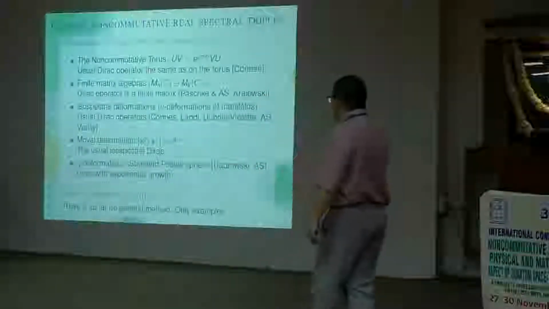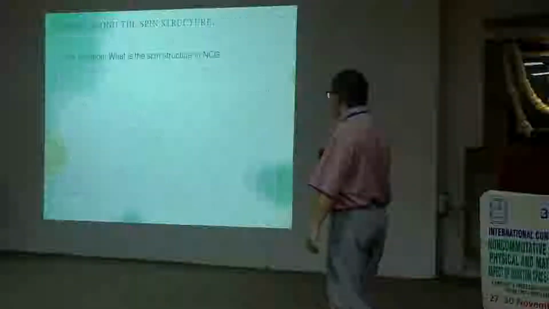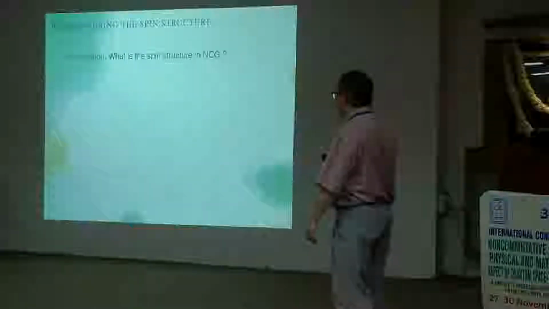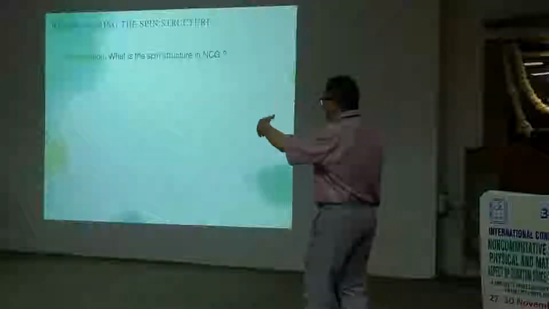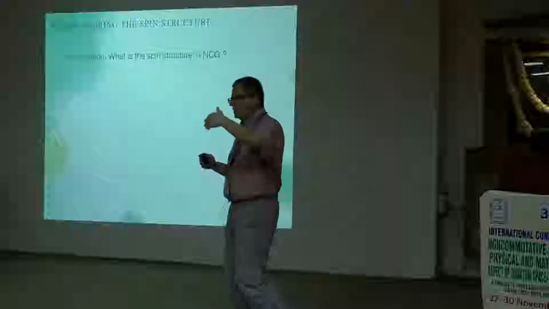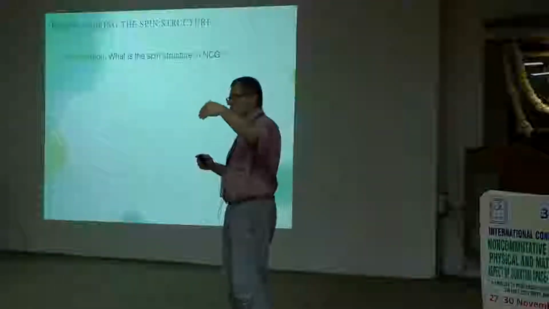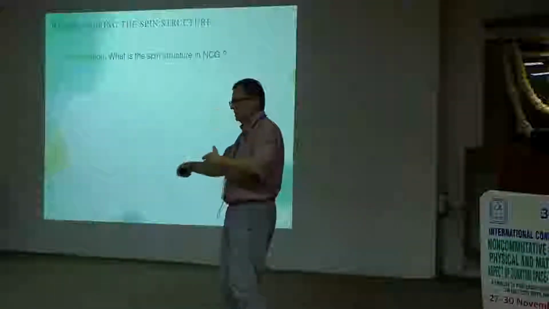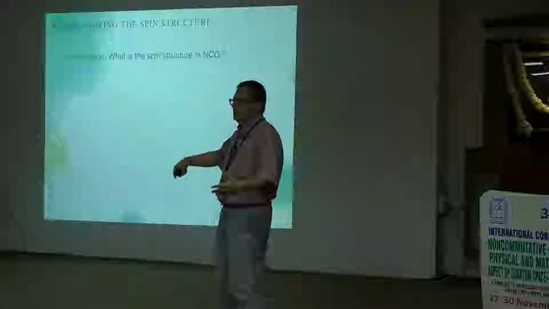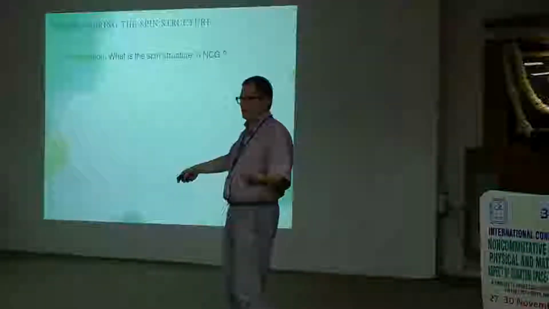Okay, now, what is the basic principle of all these spectral triples? One can reformulate the problem classically. It's like classifying the spin structures.